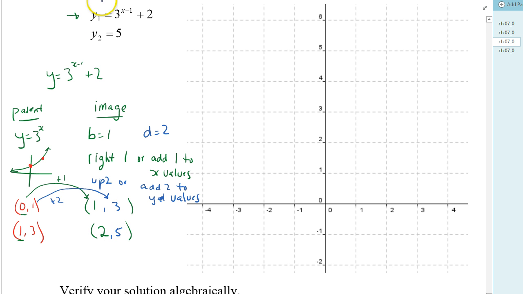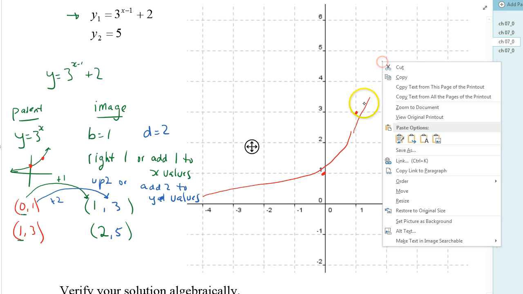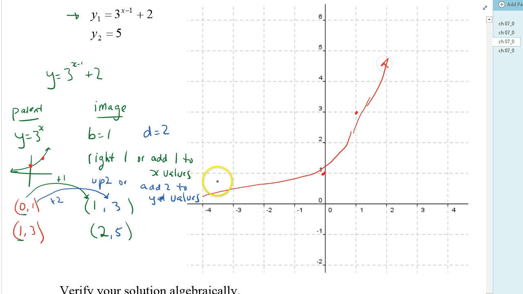Okay, so maybe I'll do it in red first. My original function would have gone here, 0, 1, and then it would have been 1, 3, and I would have had a nice, I'll try to draw it nicely. This is how it would go originally, up high like that, and it would have an asymptote, y is equal to 0, horizontal asymptote.